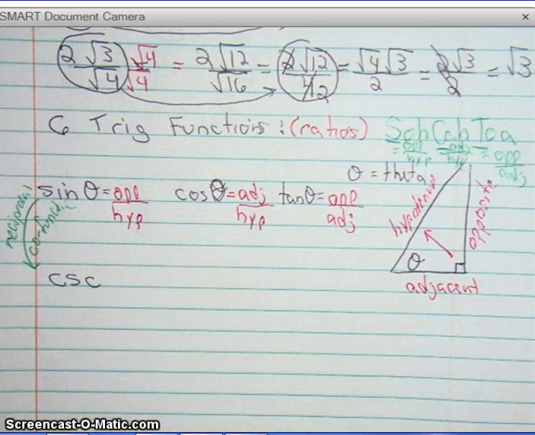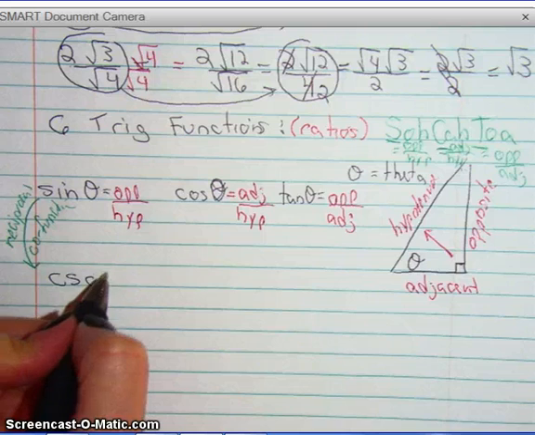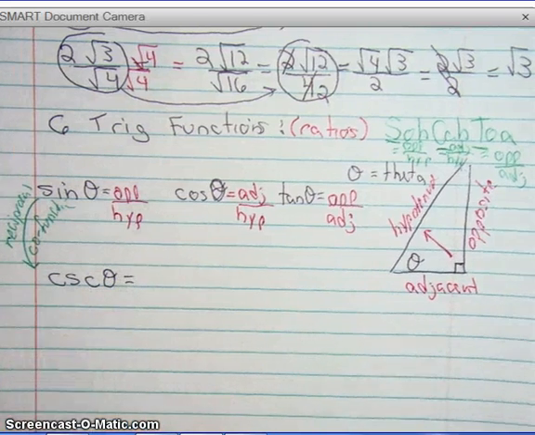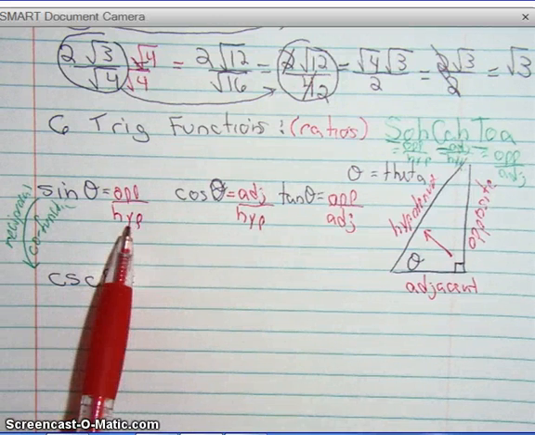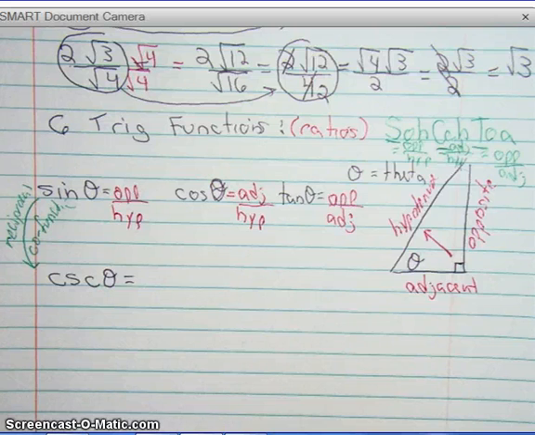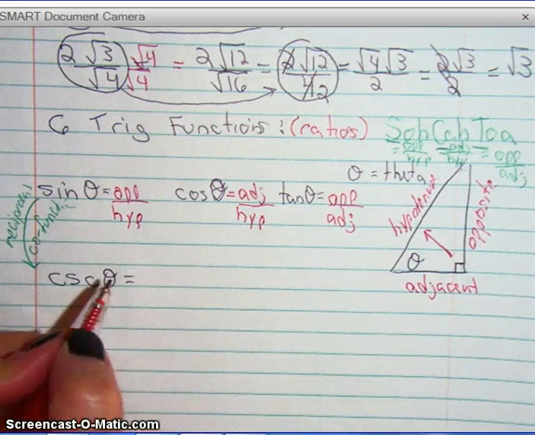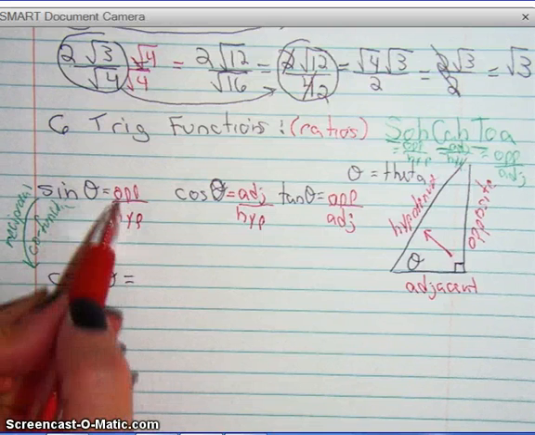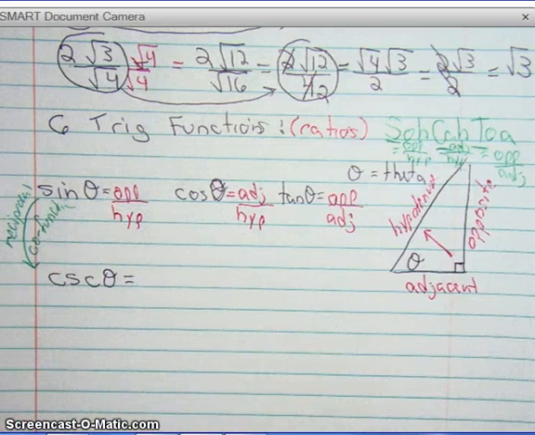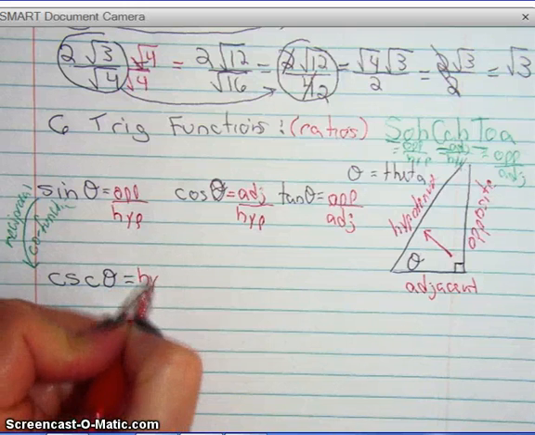That stands for cosecant. Always by the word goes the angle. Kayla, how do we reciprocal opposite over hypotenuse? Sine is opposite over what? So how do we reciprocal that? Hypotenuse over opposite. Very good.